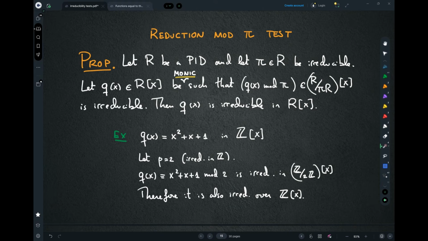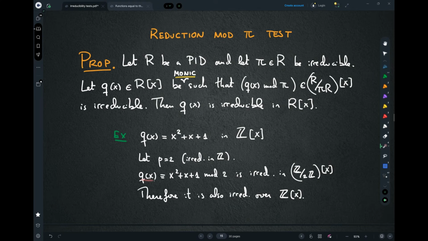So let me show you an example of how this works. Suppose I have q, x squared plus x plus 1 in the integers, and I want to show that it is irreducible over the integers. Then I take pi to be 2, which is an irreducible element over the integers, and work with the quotient (Z modulo 2)[x].